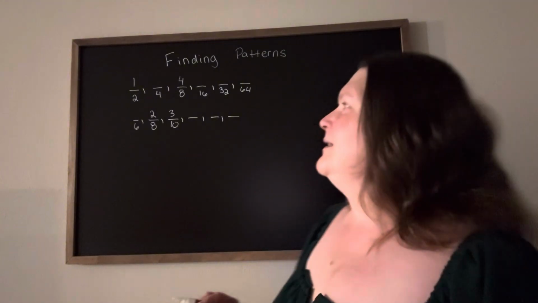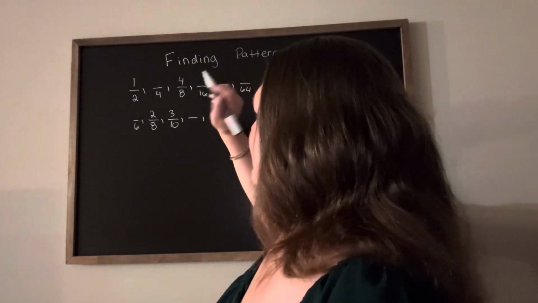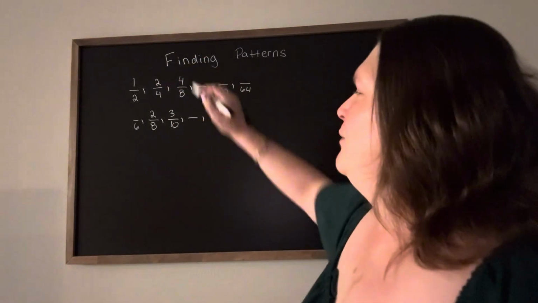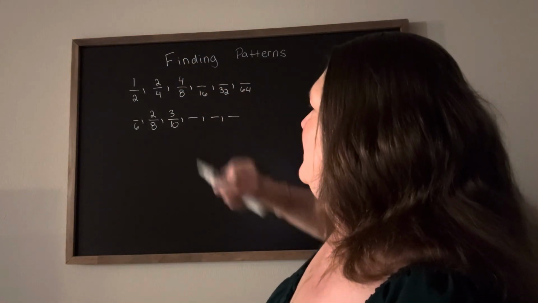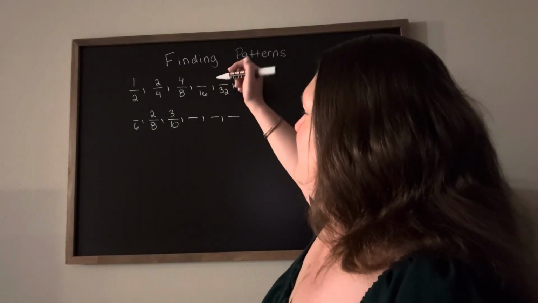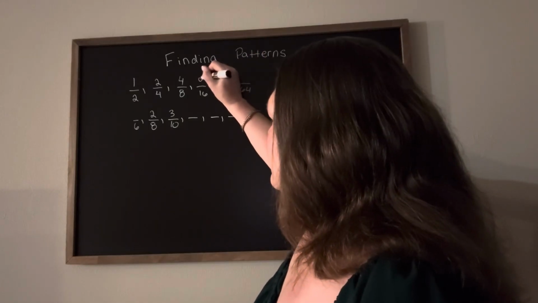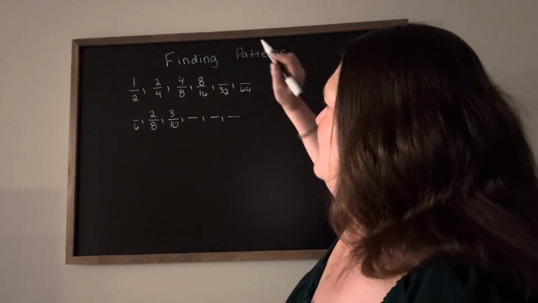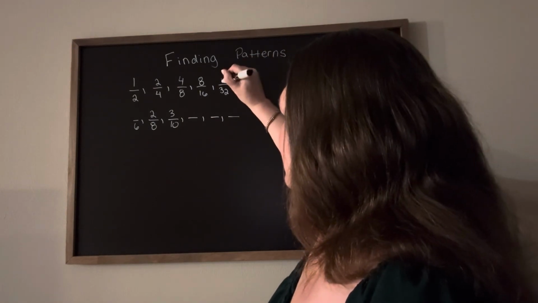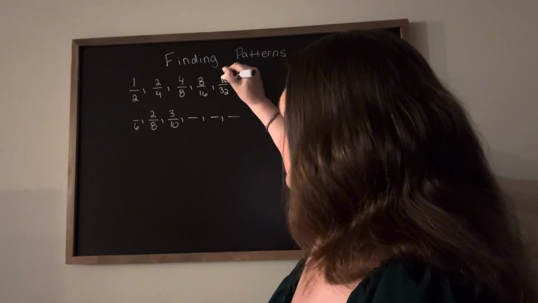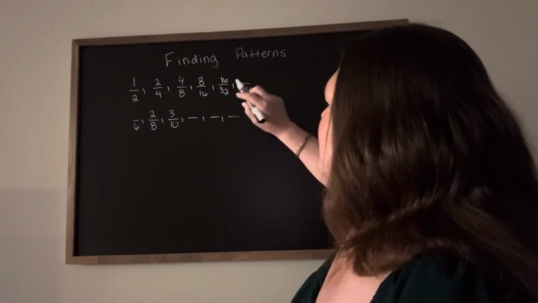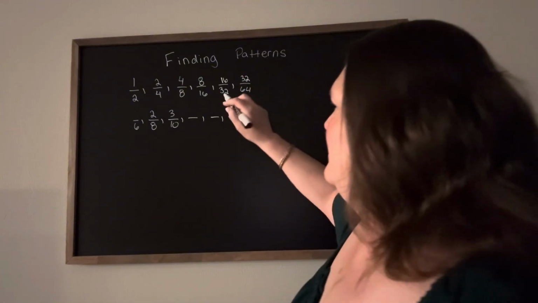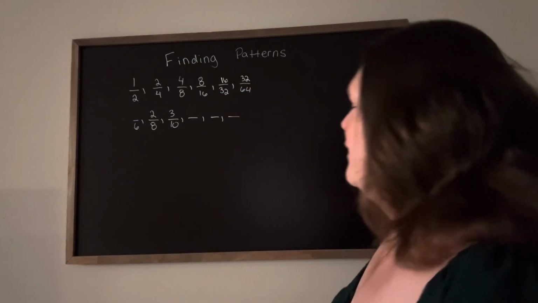So you would say it is 1/2, then 2 over 4, 4 over 8, and the next one would be 2 times 4, which is 8. Of course, 8 times 2 is 16, then the next is 2 times 8, which is 16, then 16 times 2 is 32, and then 32 times 2 is 64.